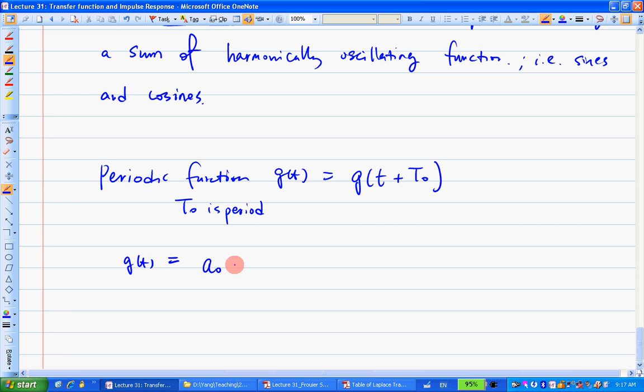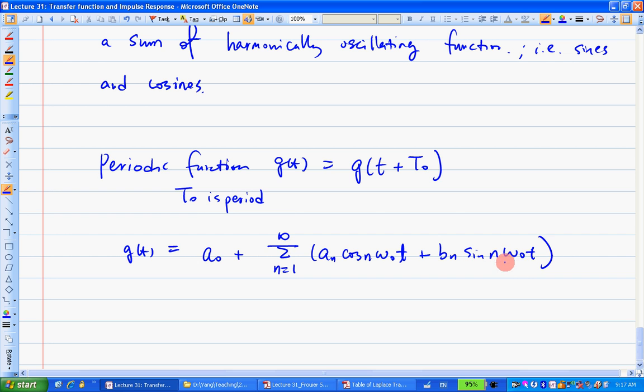So it is equal to a naught plus the sum from n equal to 1 to infinity of a n cosine n omega naught t plus b n sine n omega naught t. Omega naught here is the frequency corresponding to t naught. What's the relationship between omega naught and t naught again? Omega naught equals 2 pi over t naught.